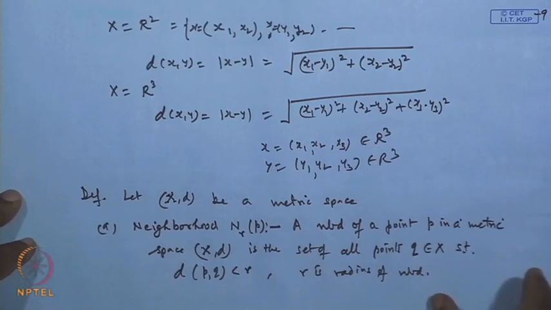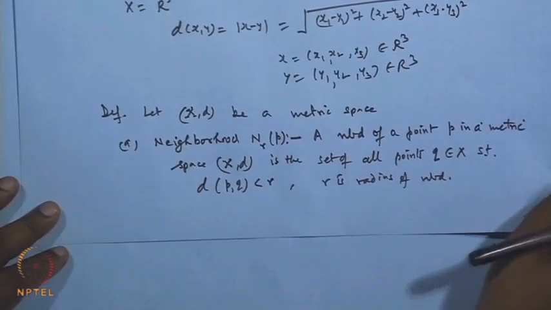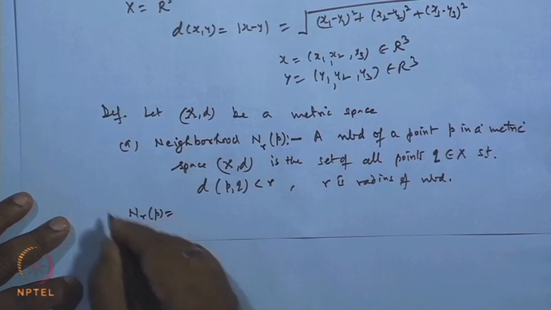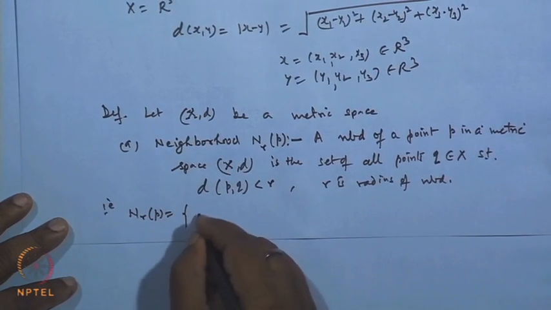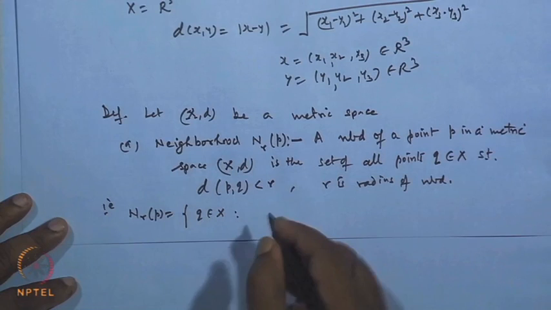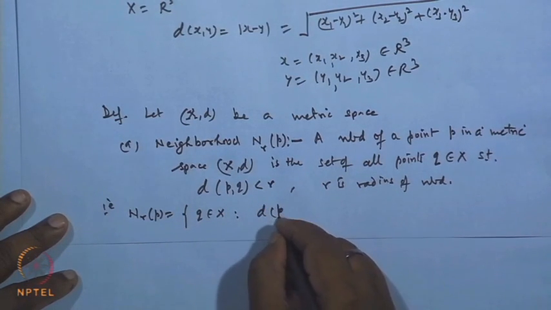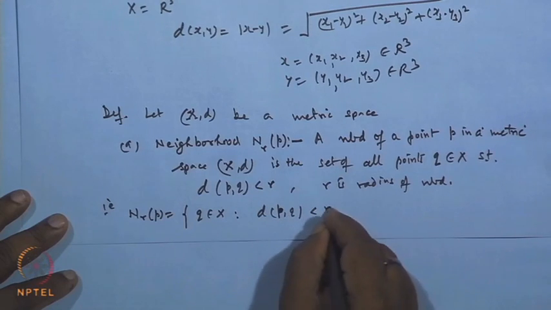So the neighborhood of a point in a metric space, denoted N_R(P), is the set of those points Q in X such that the distance of P and Q is strictly less than R.